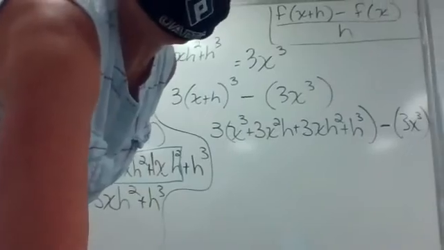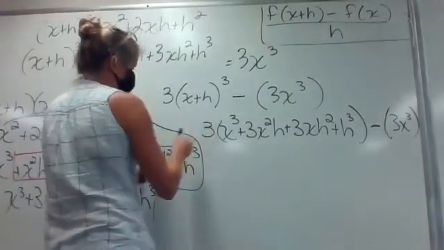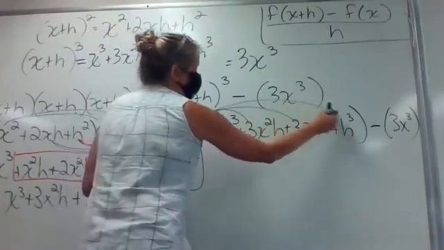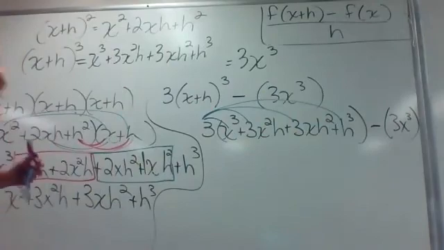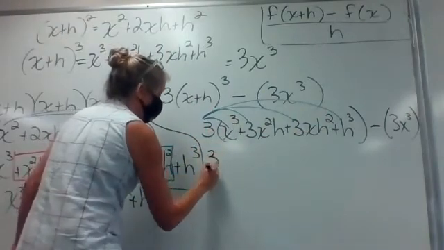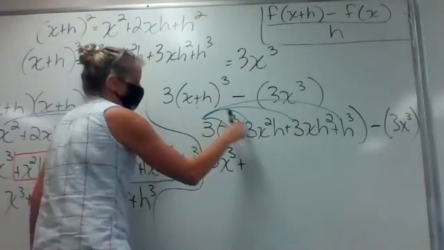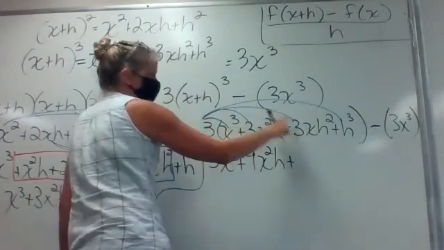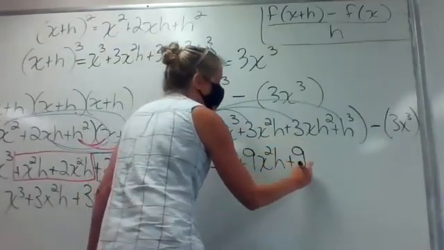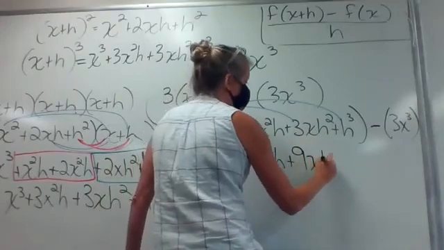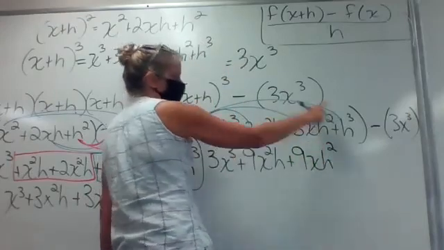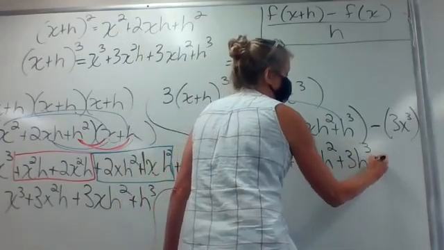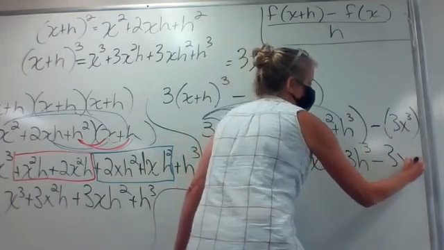So I'm going to distribute this 3 to all of those. So let's see, I've got 3x to the third plus 3 times 3 is 9x squared h plus 3 times 3 again is another 9, but this time xh squared plus 3h to the third, then minus 3x to the third.